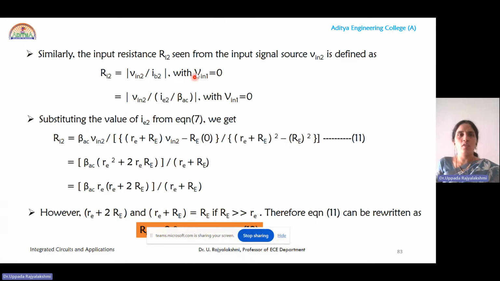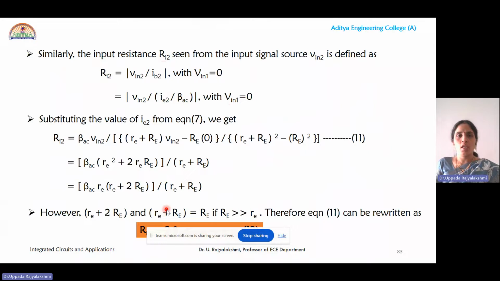Similarly, for calculation of input resistance for the Q2 transistor, it is V2 by IB2. Take the other source input as 0, so V1 is equal to 0. Again replace IB2 as IE2 by beta AC with V1 equal to 0. Please replace in terms of IE2 and beta, and from Cramer's rule we already obtained the emitter current expression.